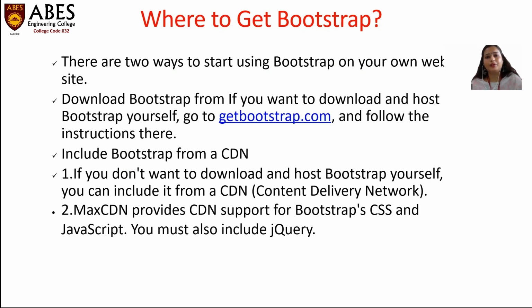Next is where to get Bootstrap. There are two ways to get Bootstrap. First, the Bootstrap website, getbootstrap.com, where you have to use the CDN link. CDN is the most important concept. CDN denotes content delivery network.